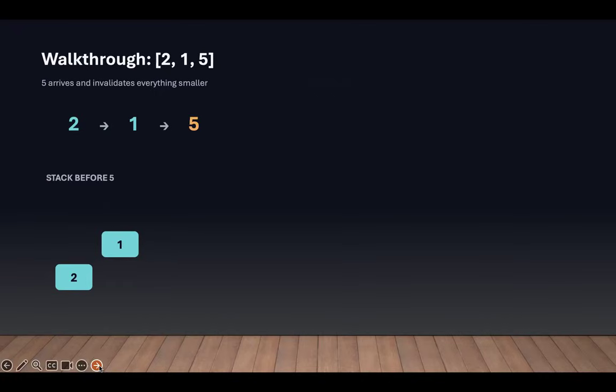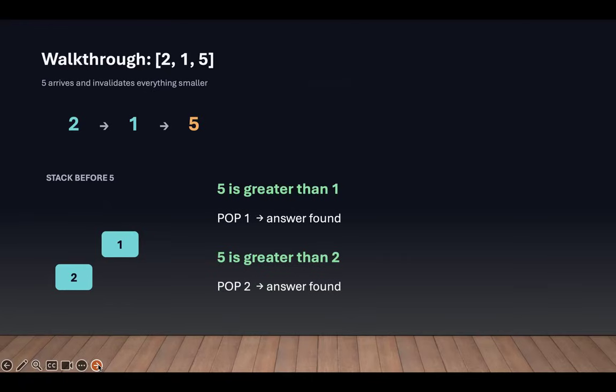Can we push 5 to the stack? Not really. Why? Because 5 is not less than 1. Since 5 is greater than 1, we have to pop 1. Now, since we have popped 1, we know the next greater element for 1, which is 5. Again, 5 is greater than 2, so we can't push 5 right now. So then we have to pop 2. And that's when we know we have found our answer.